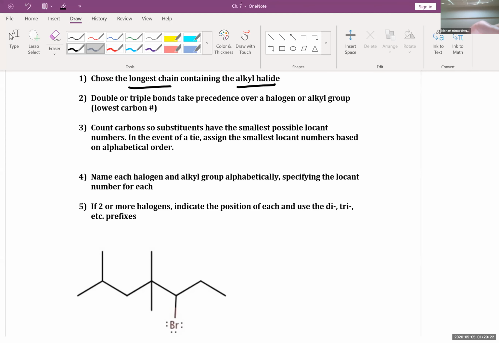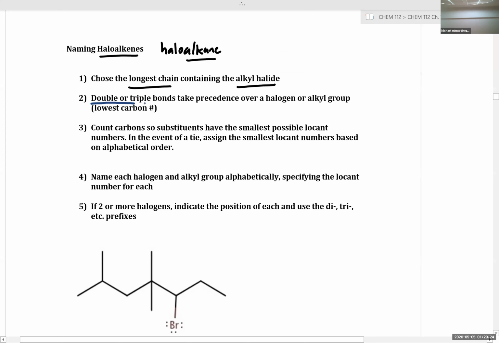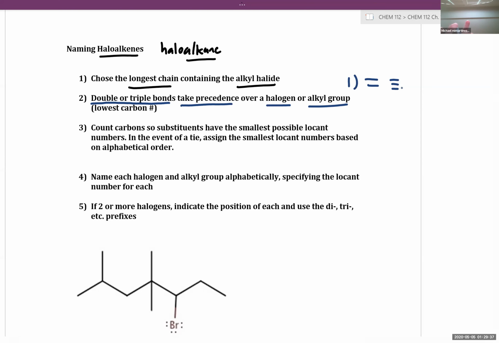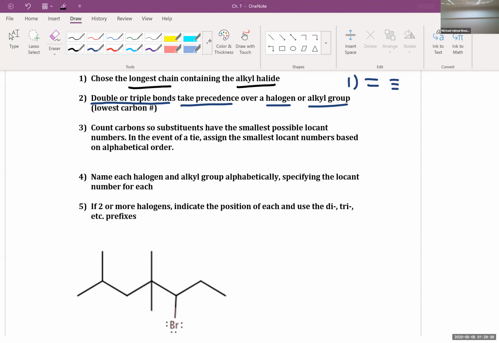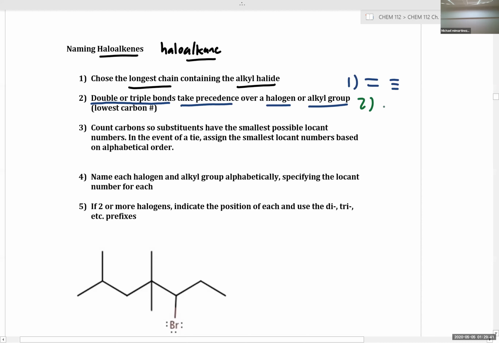However, and this is really important, double or triple bonds take priority over a halogen or alkyl group. So in terms of priority, first and foremost, you deal with your alkene or alkyne, and then, and only then, do you care about assigning the smallest locant number to your halogen. So we're beginning to introduce this idea of functional group priority in nomenclature rules.